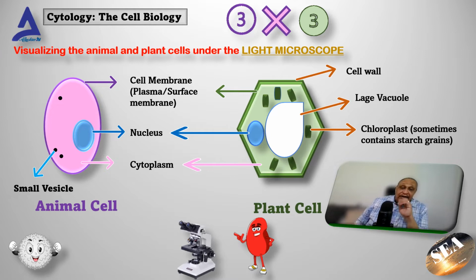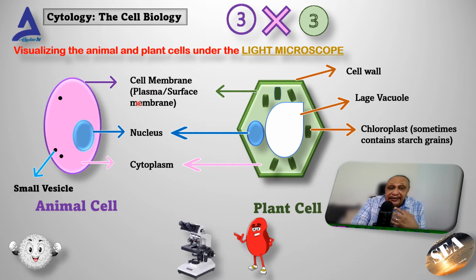Now, I also want you to recognize this rule of 3 by 3. Why I'm saying this? Because we have 3 similarities and 3 differences, and based on this, it is 3 by 3. So there is a cell membrane in both of them, the inside one.